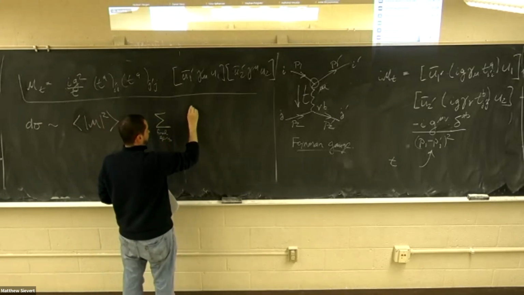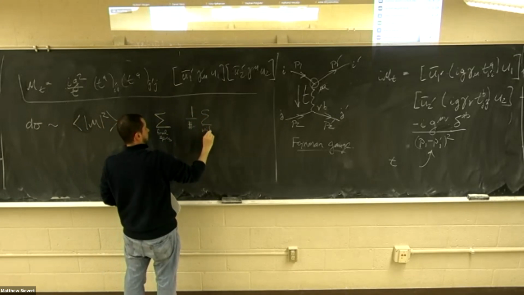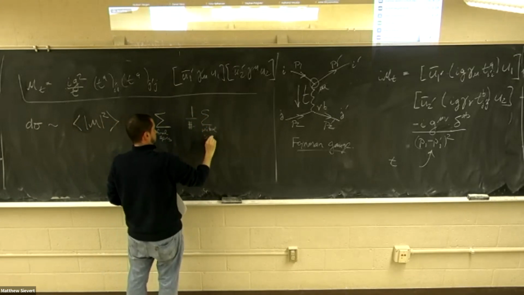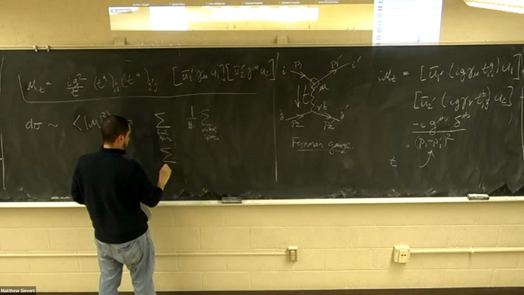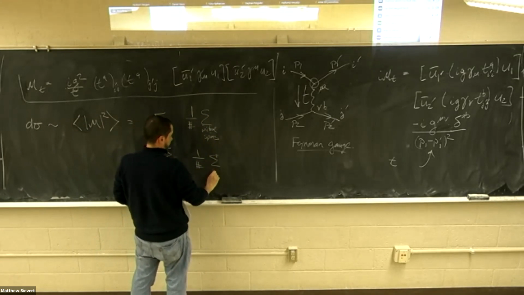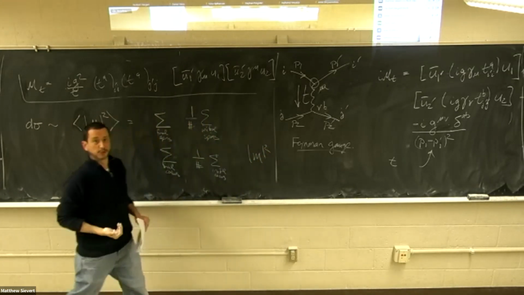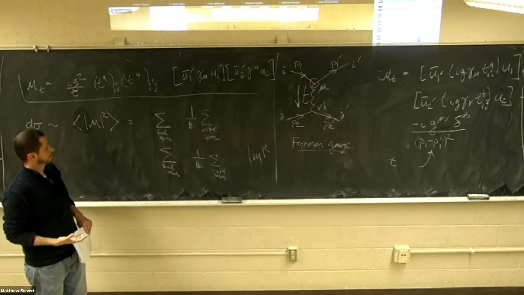I have to average over all initial state spins. I have to sum over final state colors. And I have to average over initial state colors. And then I have the amplitude squared for each individual combination of spins and colors.